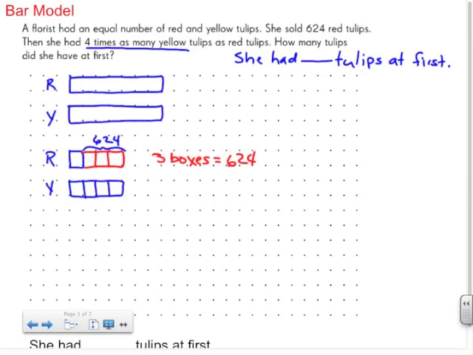So these boxes must each be worth 624 divided by 3. So 208 tulips goes in each of the boxes.